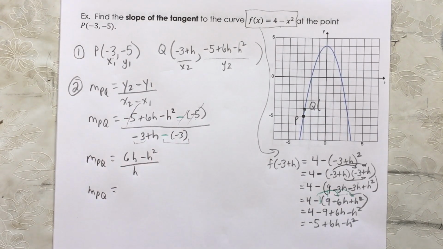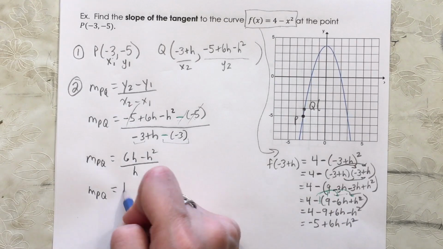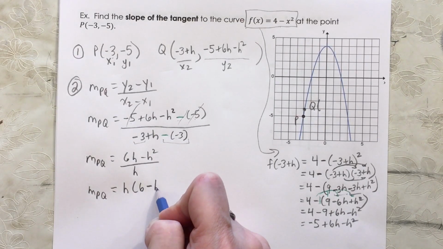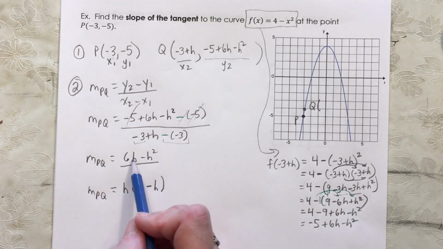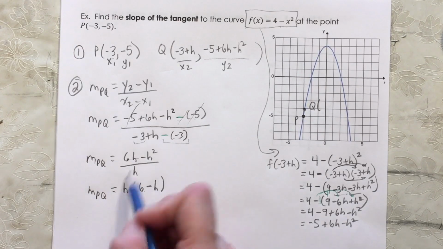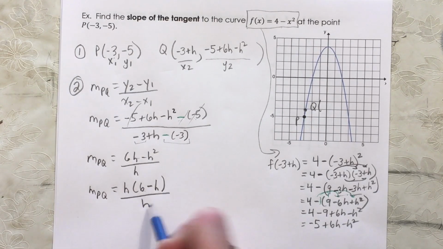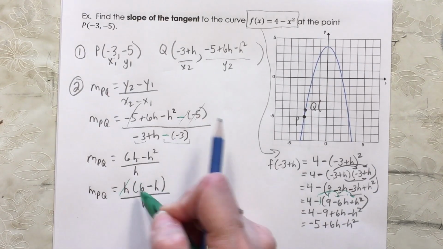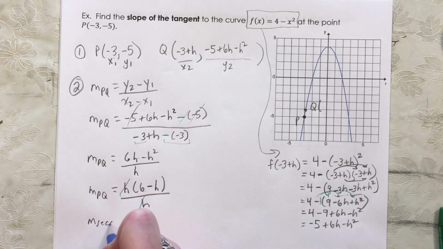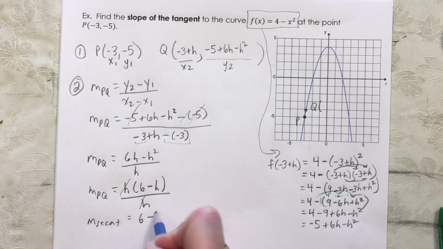And then again, I can common factor an h out of the top to put this in simplified form. So 6h divided by h is 6, h squared divided by h is h. And now these h's divide out. So I figured out then that the slope of the secant is 6 minus h.